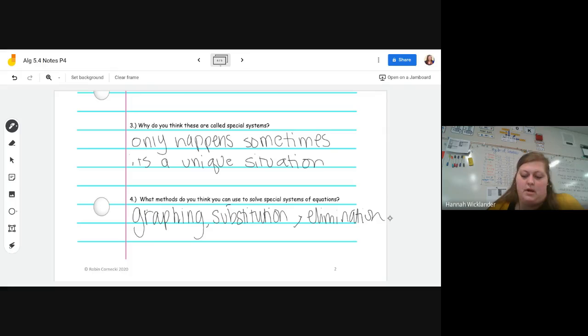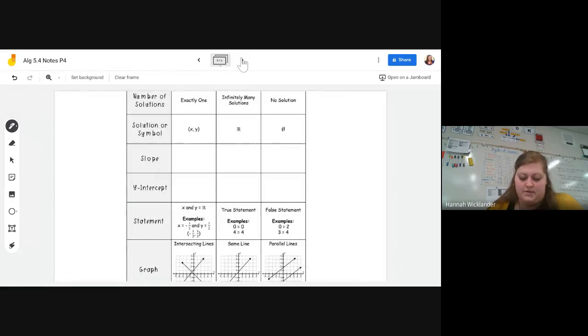Okay, just one more page of notes. So this one, there's a few things to fill in. With exactly one solution, we're going to have a coordinate pair as our answer.